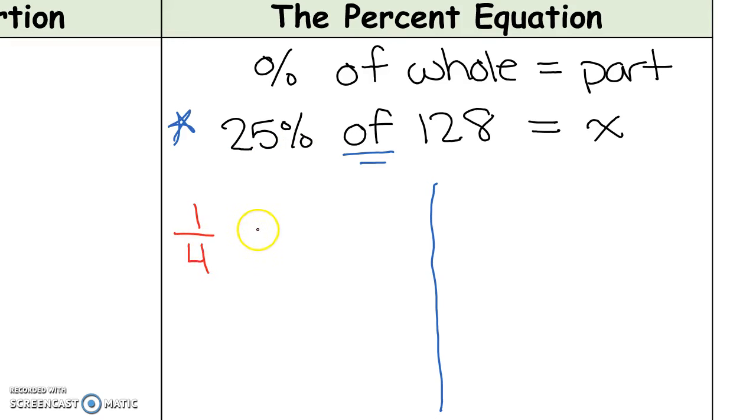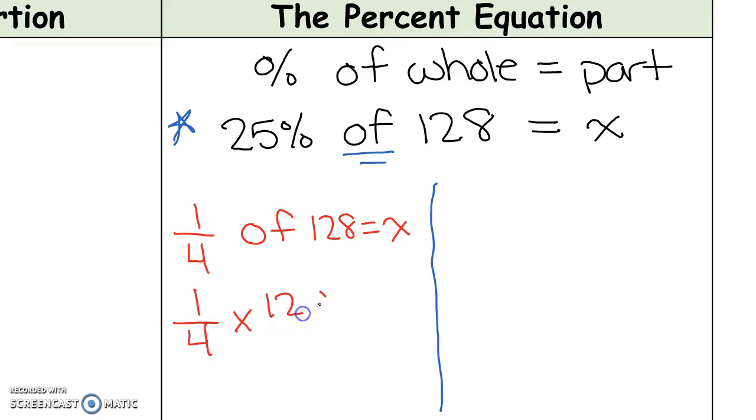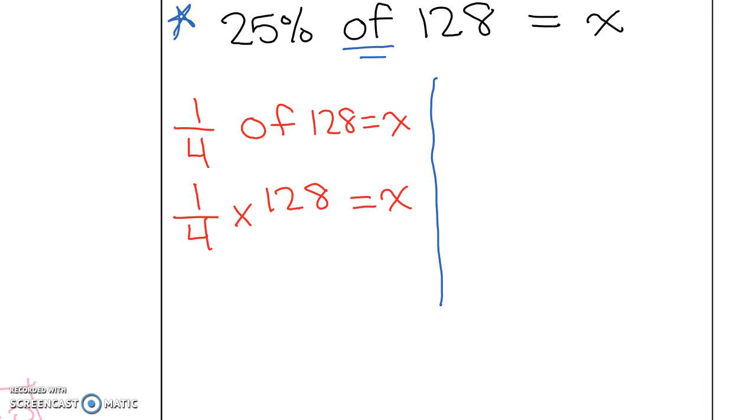So we're finding 1/4 of 128 to get our answer. Well, 1/4 of means 1/4 times 128 equals x. So my final answer would be 32, which is the same answer we got before.